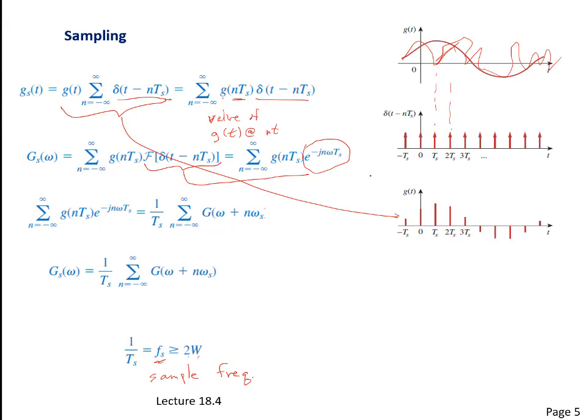The sampling theorem says if I'm going to catch and accurately be able to reproduce the signal that I'm sampling, I must sample it at twice the frequency of the highest frequency component in it.